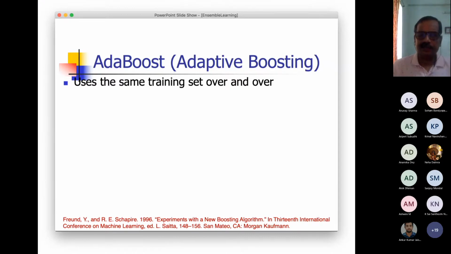Now, this probability decreases as a sample is more and more correctly classified. The probabilities start with a uniform probability for all the samples, and then you decrease the probabilities, and of course you have to normalize at each iteration.